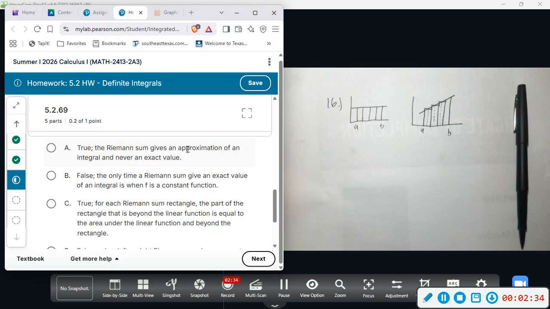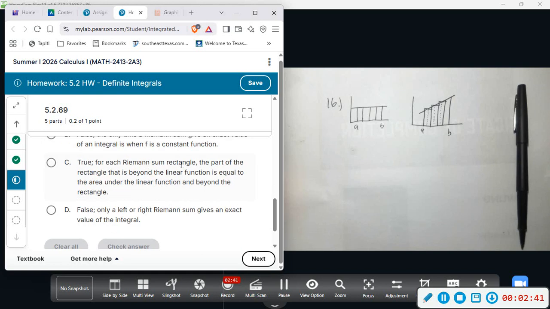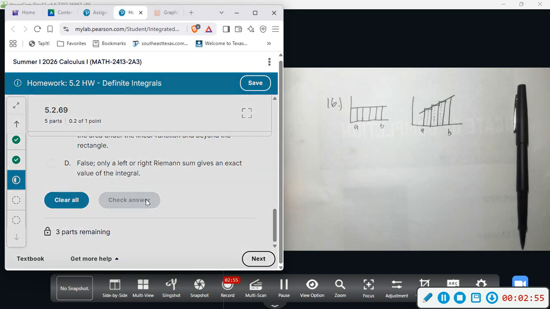It says true, the part of the rectangle that is beyond the function is equal to the area under the function, for the entire rectangle. So C is going to be the correct answer choice.